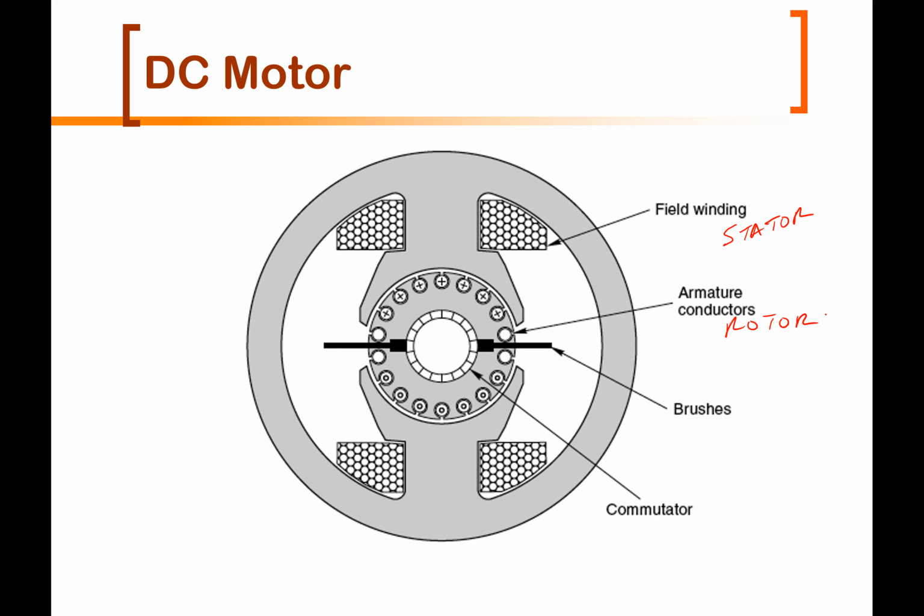We have the field windings here connected across here and here, and that produces a magnetic field. In essence, this is a giant electromagnet that you stick the rotor into.